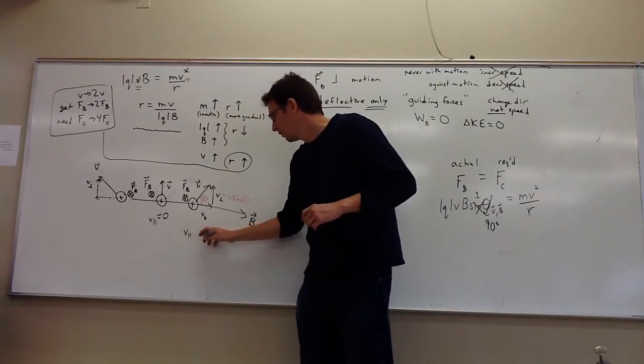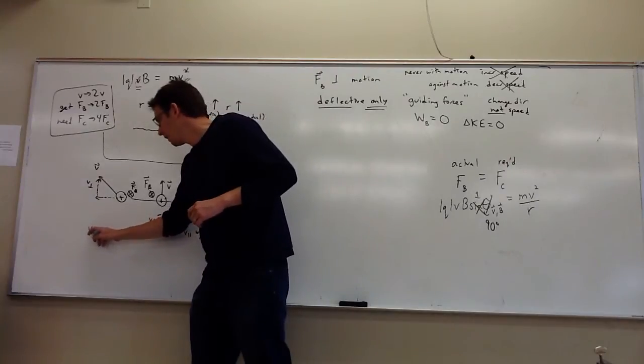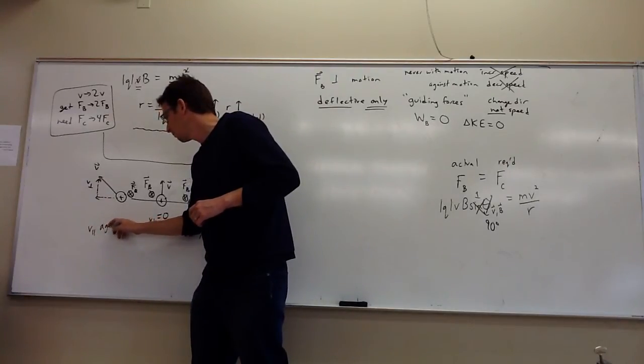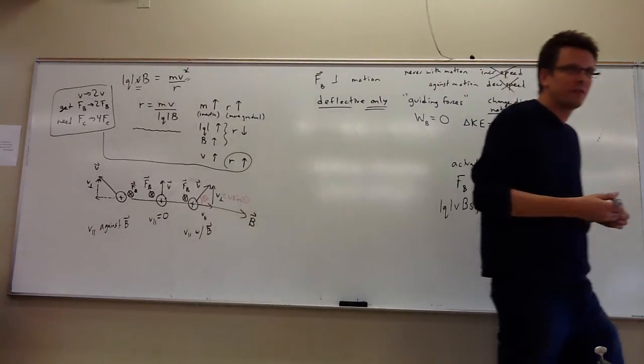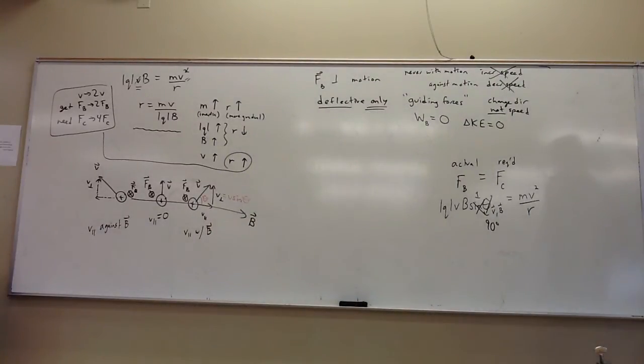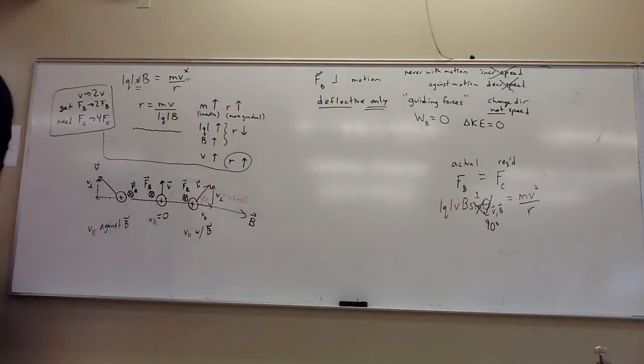Here, V parallel is with the magnetic field, and here V parallel is against the magnetic field. But remember, V parallel doesn't matter anyway, right? The reason the magnetic force exists is because you have V perpendicular. V parallel doesn't really affect the magnetic force at all.